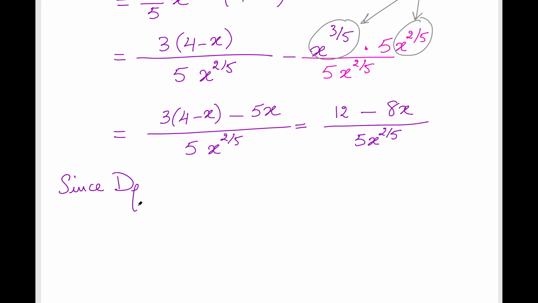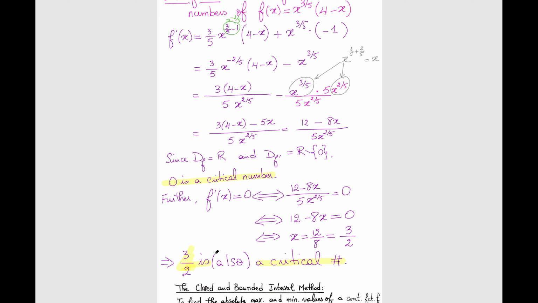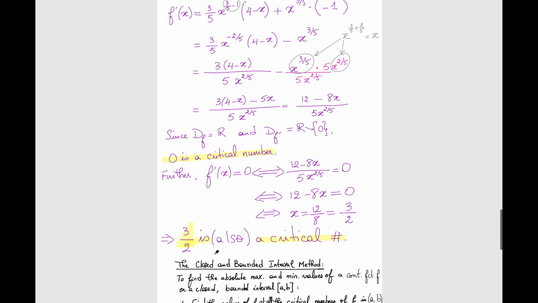Right? So this function has two critical numbers, namely 0 and 3 over 2. Okay. All right. Very good.